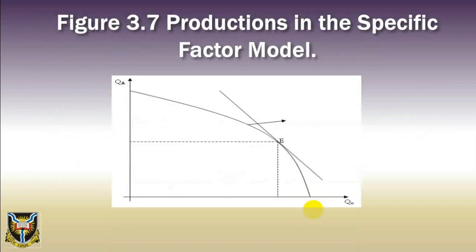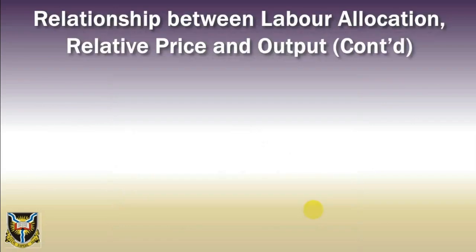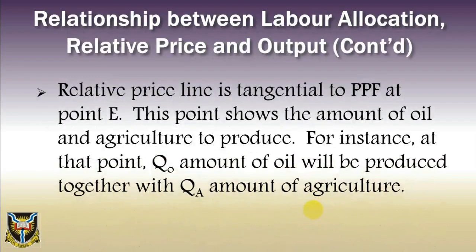The production possibility frontier line slopes downwards and its shape is determined by MPLO divided by MPLA. The relative price line is tangential to the PPF at point E. This point shows the amount of oil and agriculture to produce.